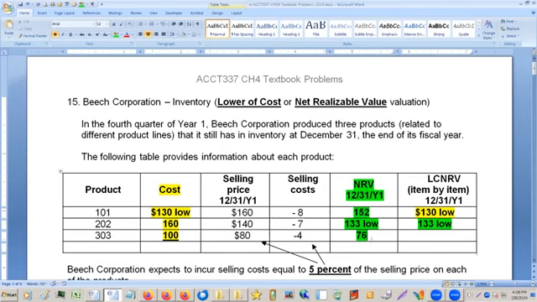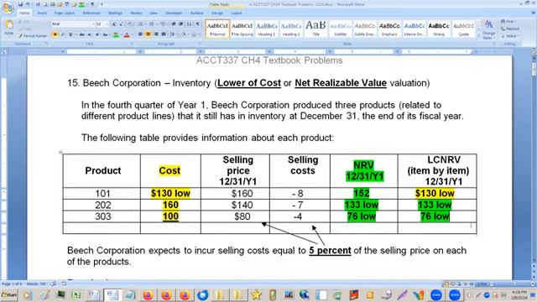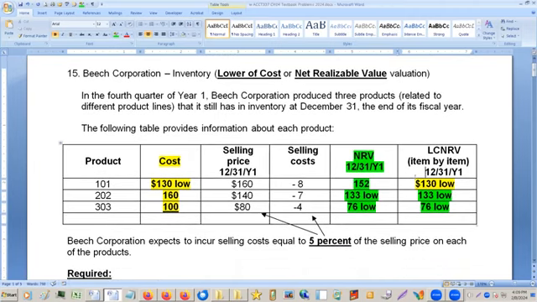And 76 is lower than the cost. Okay, and 76 is the low. So taking the lower of cost or net realizable value, we will come up with a total.